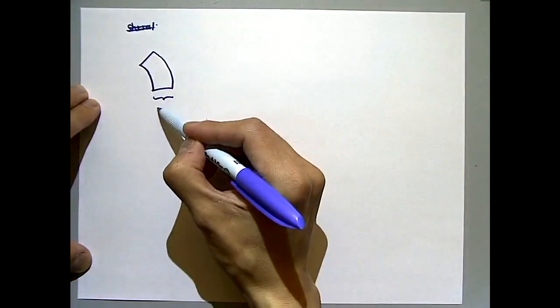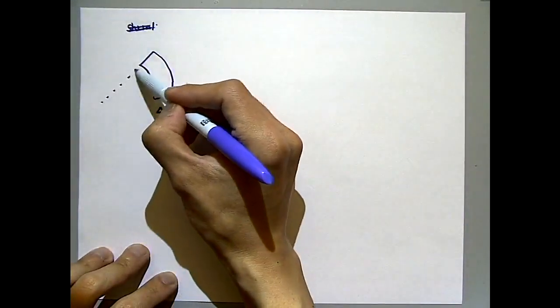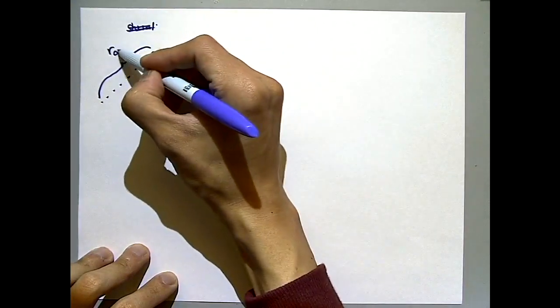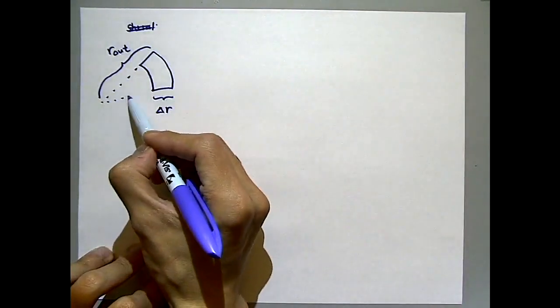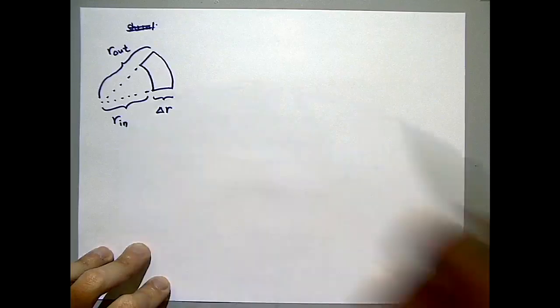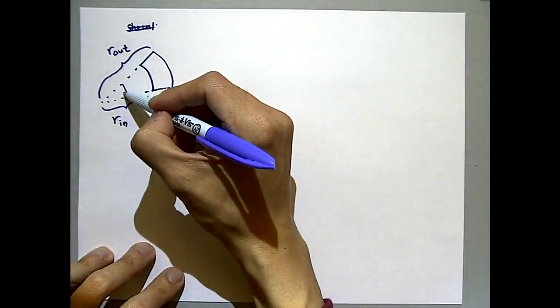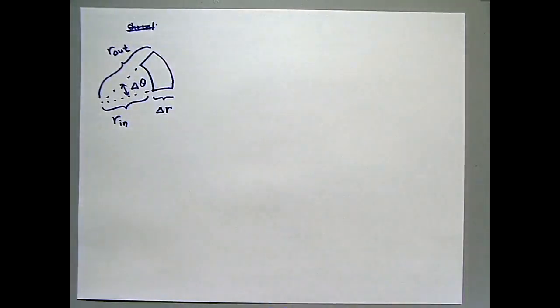This little segment here is delta r. From here to here, that's the outer radius, and from here to here, this is the inner radius. I'll call those r out and r in. And the difference in the angles, that's delta theta.